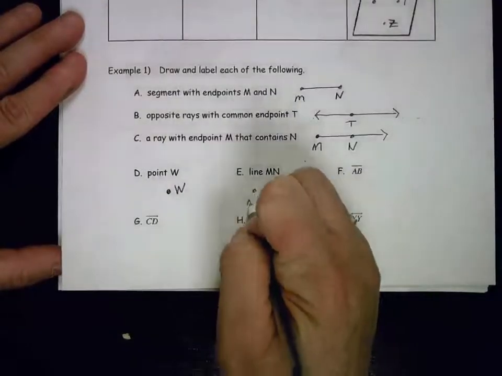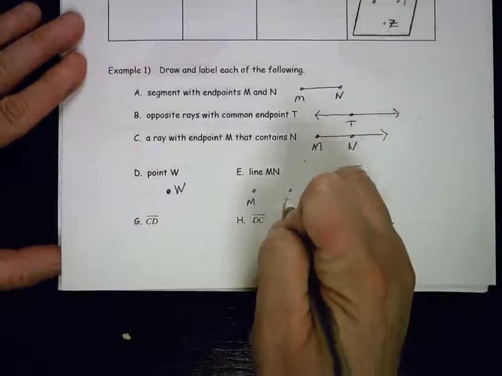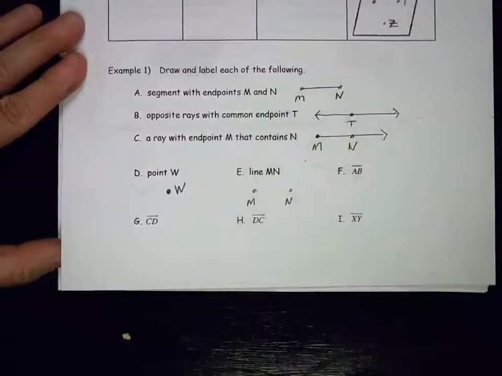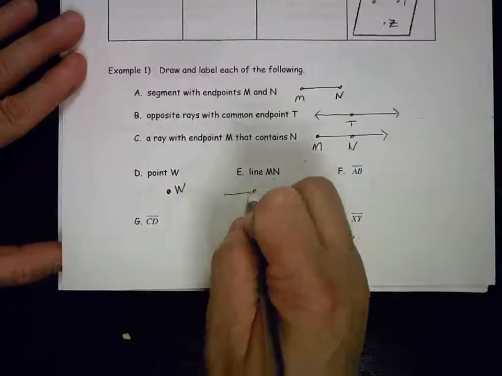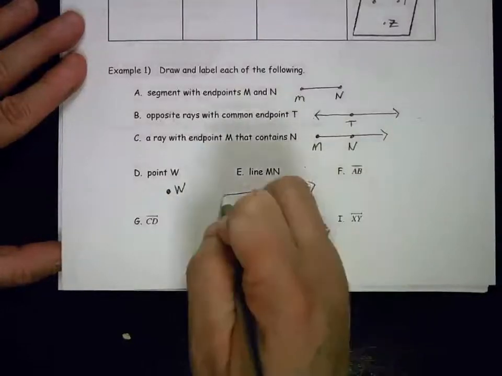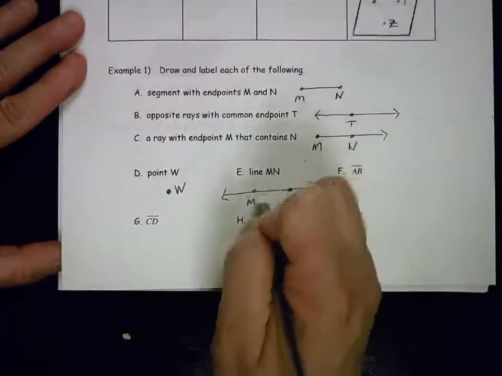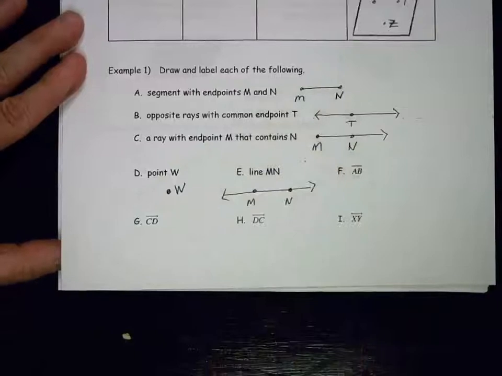Letter E, we have line MN, so I'm going to make those 2 points there, M and N, and then we make our line go through that.